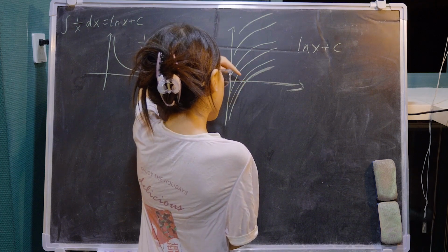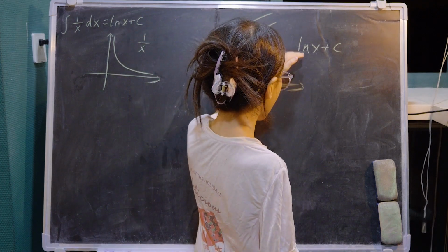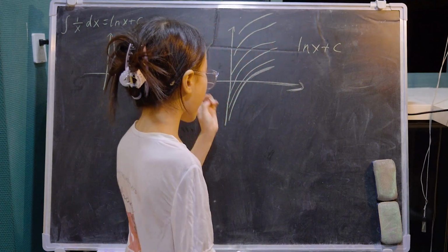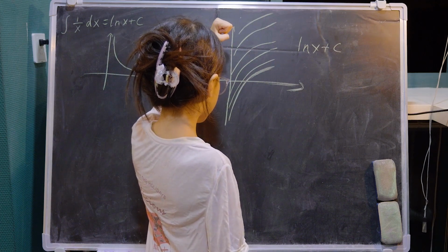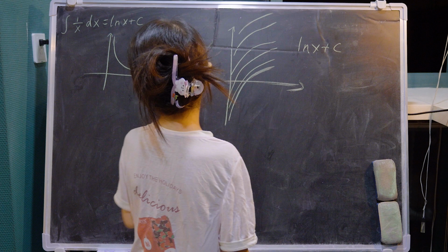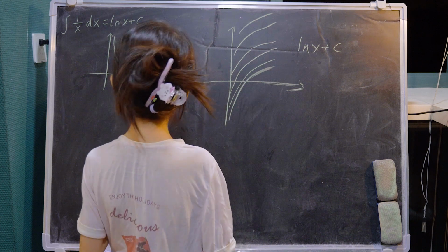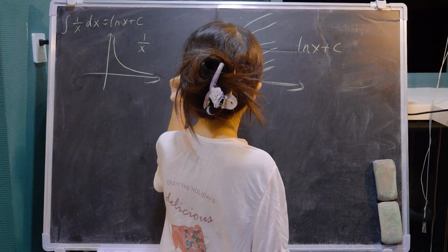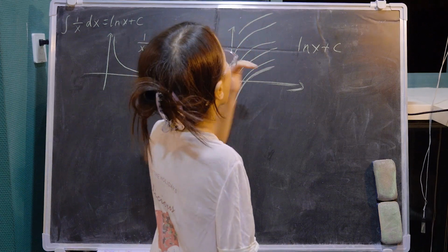Because we are finding the function ln x, our job is to find a defined intersection. But we can't, because a logarithmic function has no intersection with the y-axis. So another solution is to find the intersection of the ln x function and the x-axis.